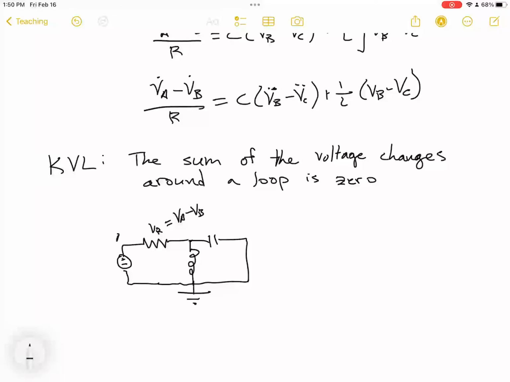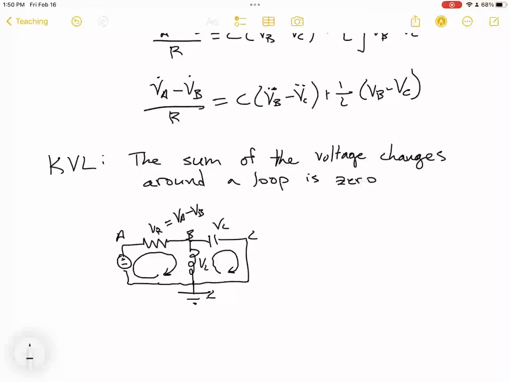I'll label my nodes again, A, B, and C. And then there's some VC and some VL. You can see just by looking at the circuit that we have two loops that form. One is right here, and another one is right here.